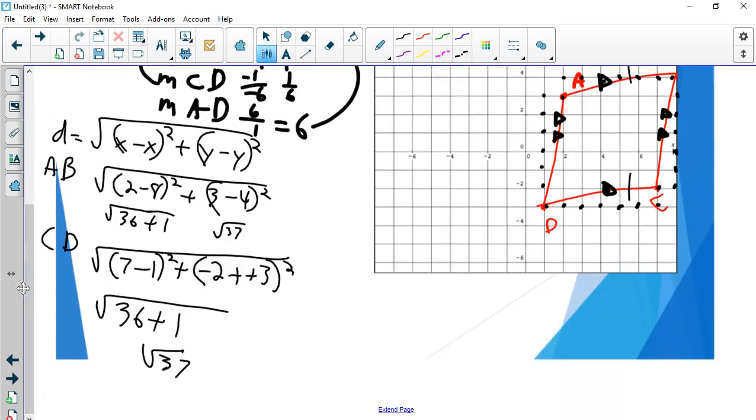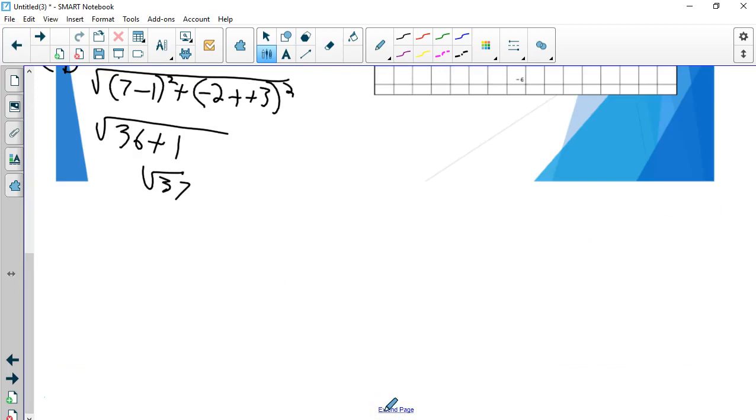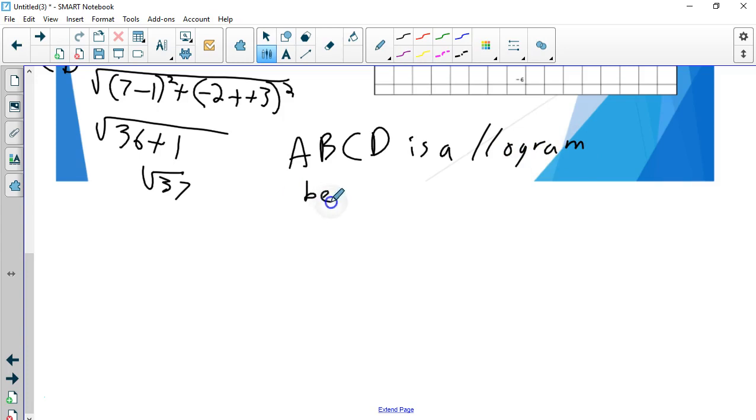So I'm going to come back here and write: ABCD is a, and you can abbreviate here, parallelogram, because, and then here's where you fill in the blanks. You could say both pairs of opposite sides have the same slope.